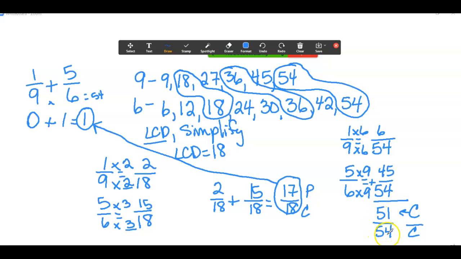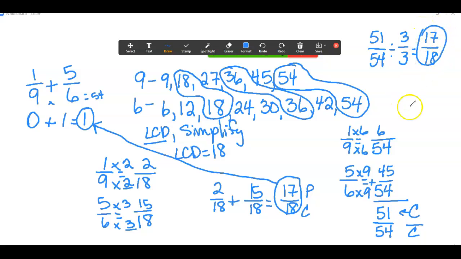And then you're only going to get half off. Okay? So 51, I'm more friendly with 51 than you are, I know that both of these can be divided by 3. Because 51 divided by 3 is 17, and 54 divided by 3 is 18.